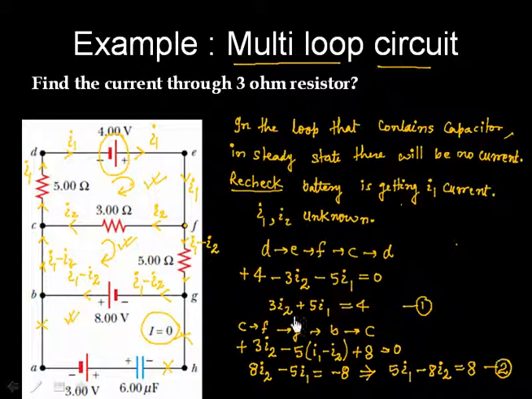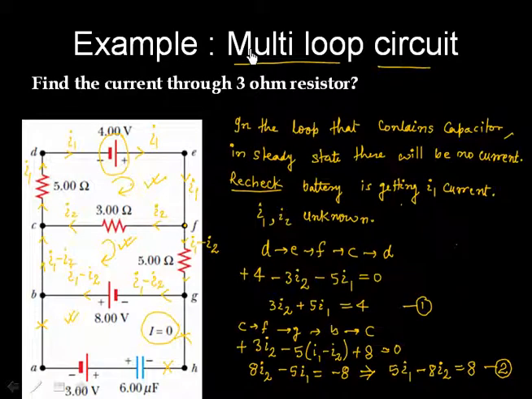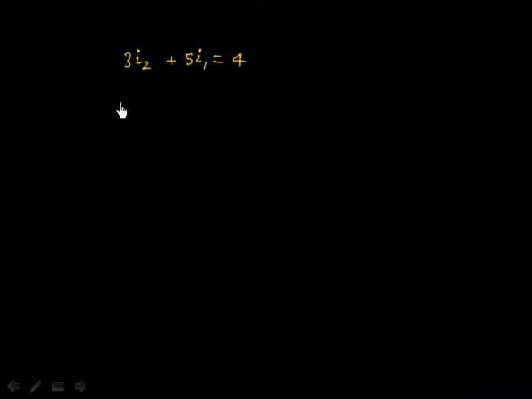So the first equation is 3I2 plus 5I1 equals 4. And the second equation we have is 5I1 minus 8I2 equals 8.